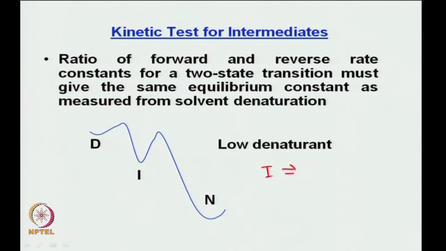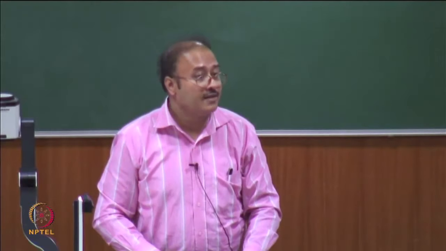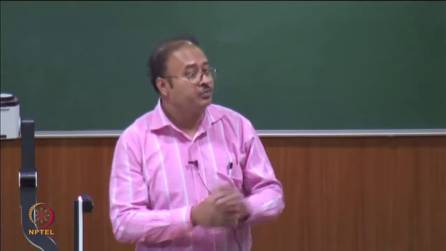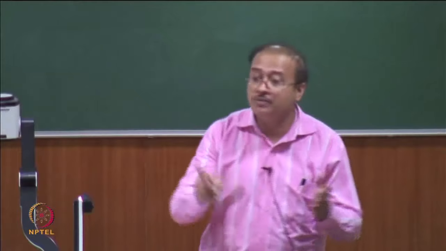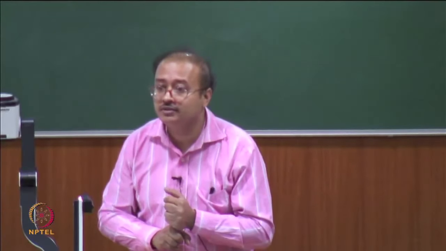So, the kinetics would not be determined by D, but by the rate of interconversion between I and N. So, you are missing out on D, though you started with D. Okay. So, what this means is that if I have a system like this, one thing you are sure of, right, the equilibrium between I and N would not be the same as the equilibrium between D and N.